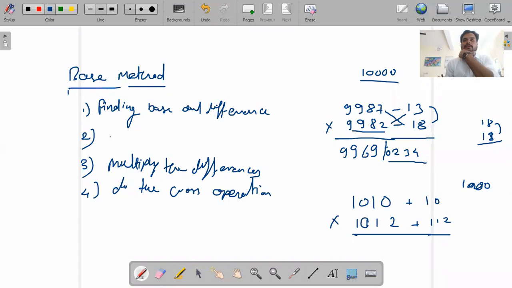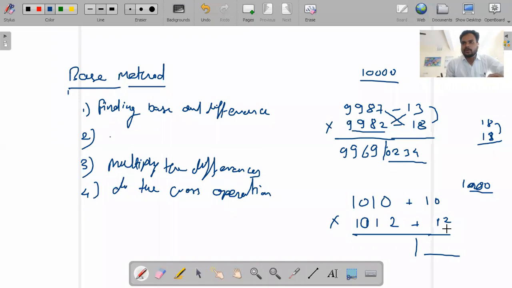And here 12 will be there. Now what is the next thing? We have to multiply these two. How many digits should be there to the right hand side? There should be 3 digits because the number of zeros is 3.